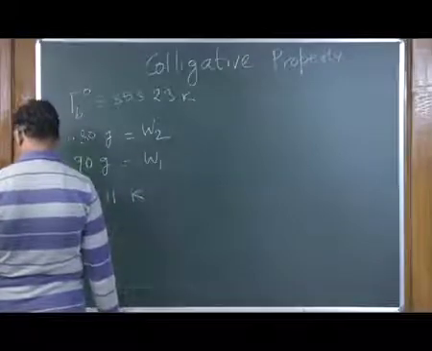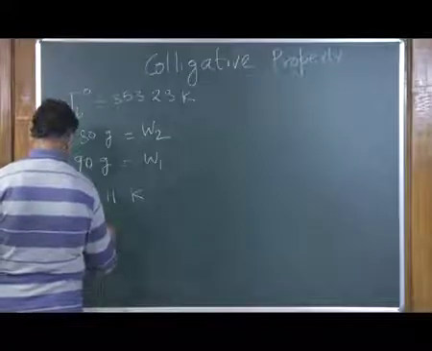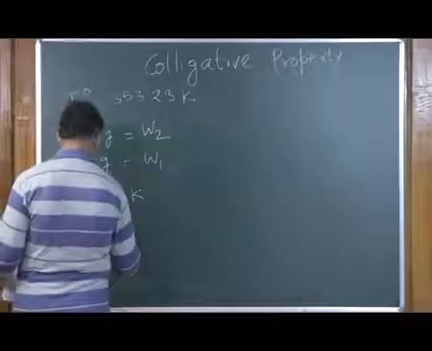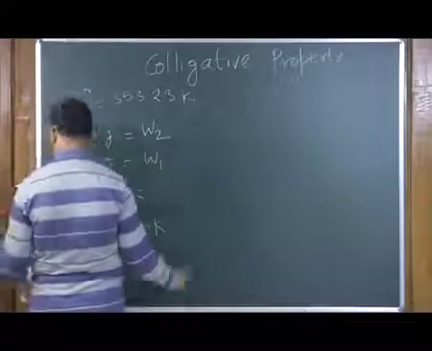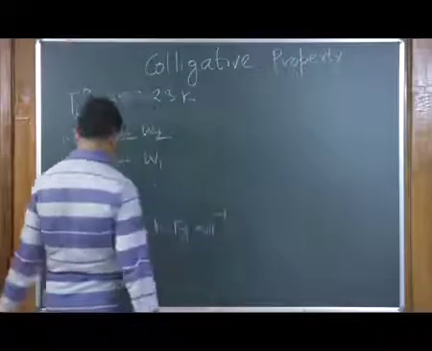Calculate the molar mass of the solute. Kb for benzene is given as 2.53 Kelvin kg per mole.